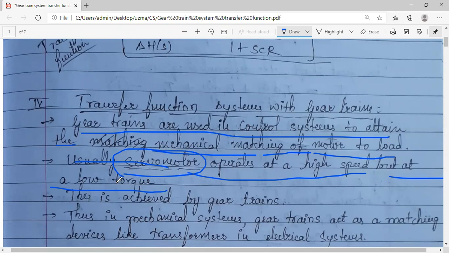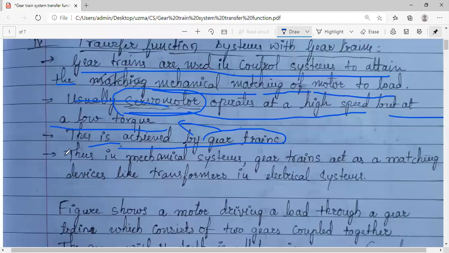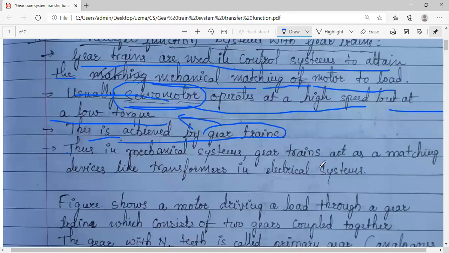This is the requirement for the servo motor to run properly: high speed and low torque. This will be achieved by using this gear train. These are the systems which achieve high speed and low torque, which is the requirement for a servo mechanism. Thus, in mechanical systems, gear trains act as matching devices like transformers.